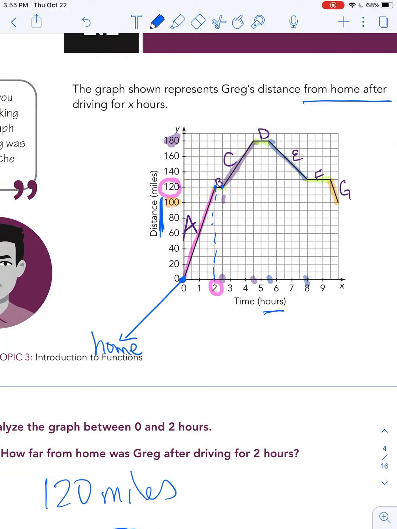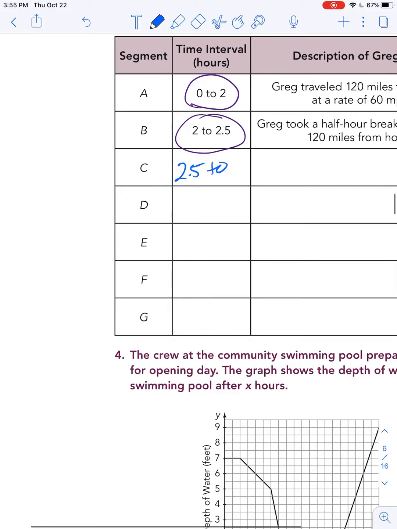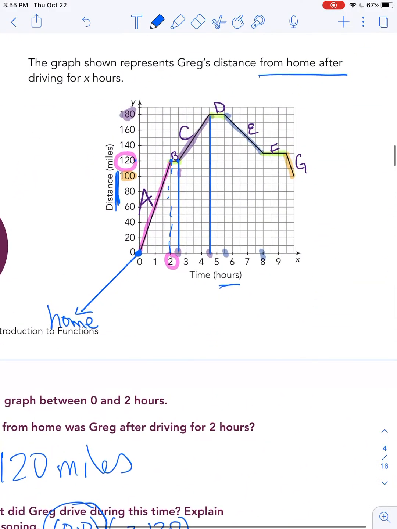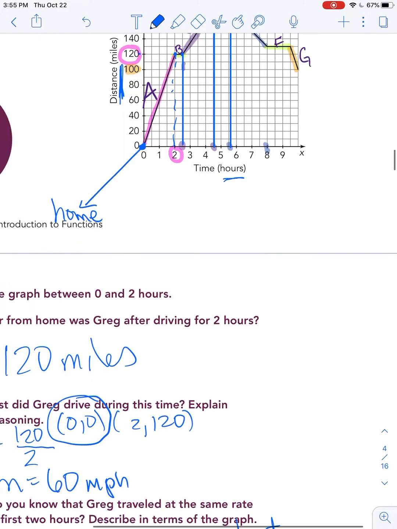So this next section, C, went from 2.5 to 4.5. Okay, so I'm going to come here, 4.5. And then the next section is going from that 4.5 to 5.5.